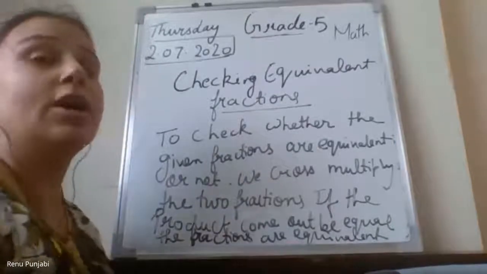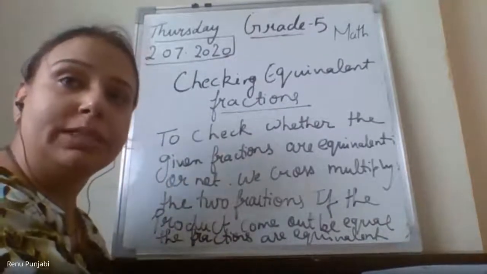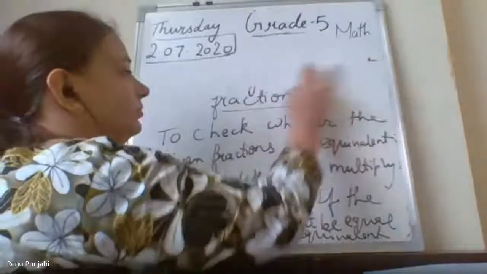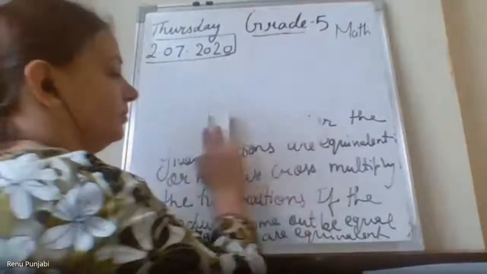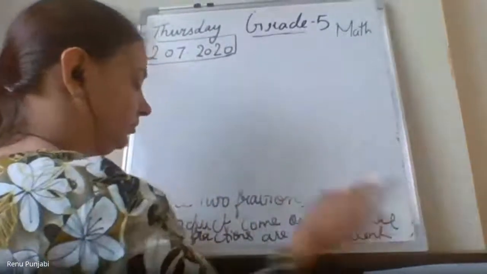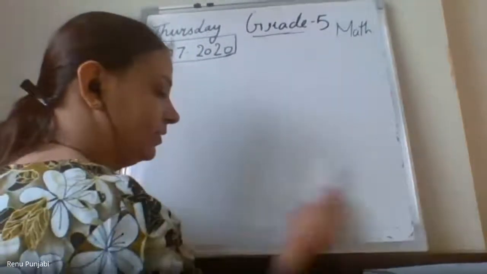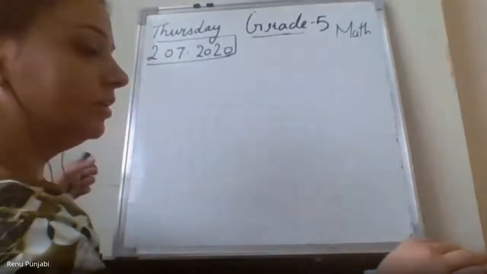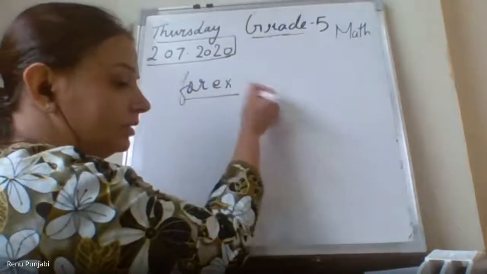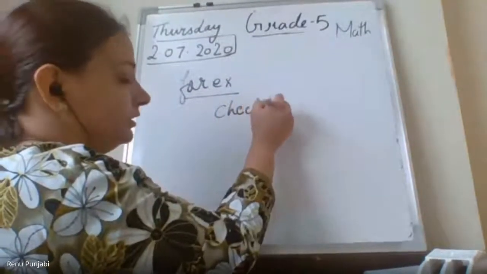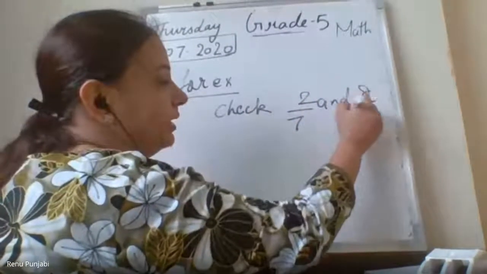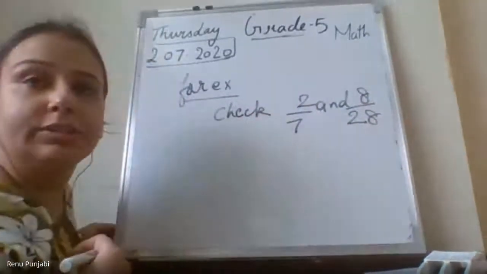Now what is cross multiplication? With which number you have to multiply? That also we have to understand. For example, check whether 2 upon 7 and 8 upon 28 are equivalent fractions or not.